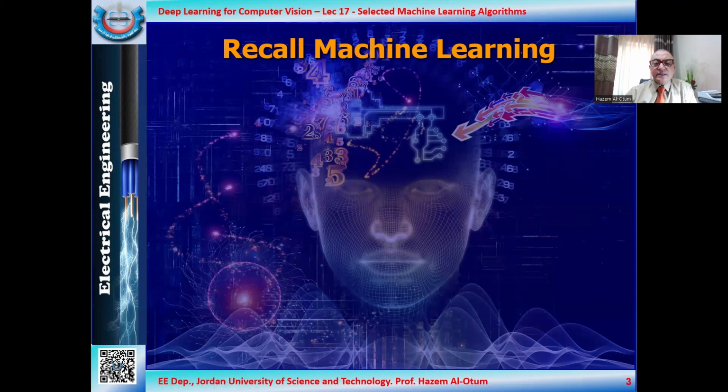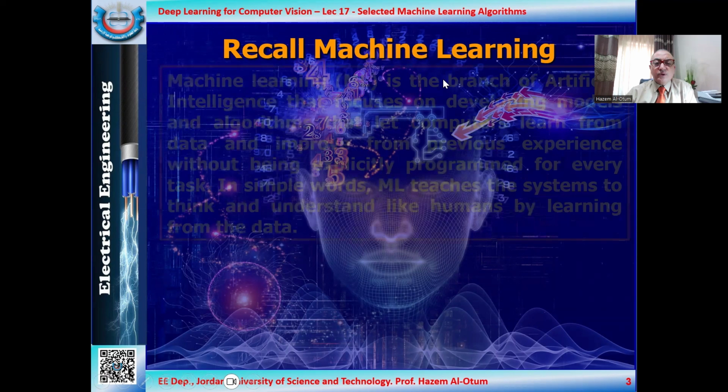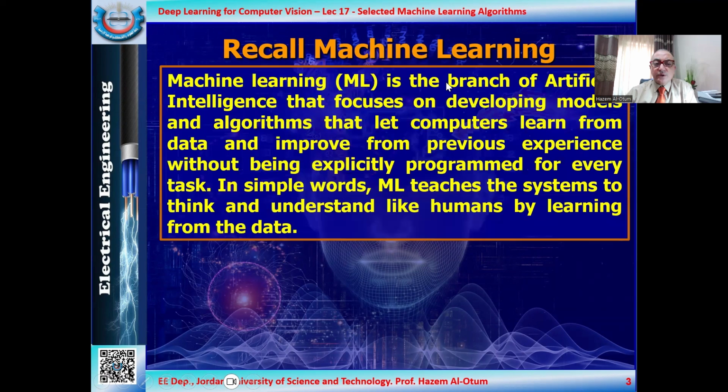Of course, this part has been discussed earlier, and we just want to recap or have a summary of what we have discussed before. So machine learning is a branch of artificial intelligence that is concerned with developing models and algorithms for computer applications to learn from the data without the intervention of humans.